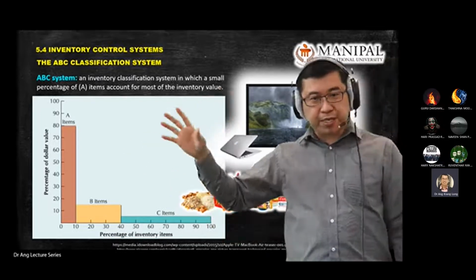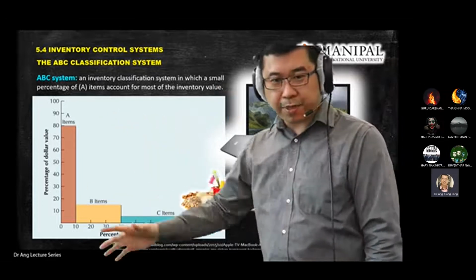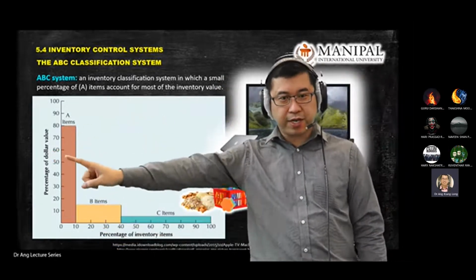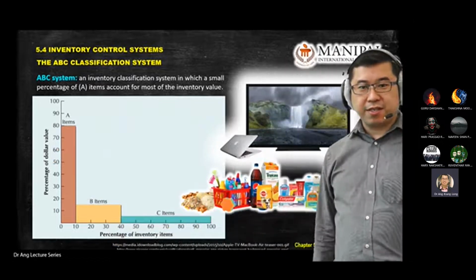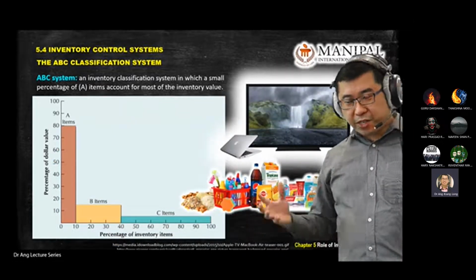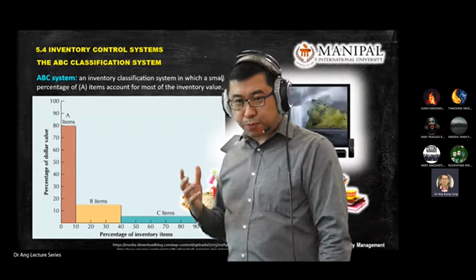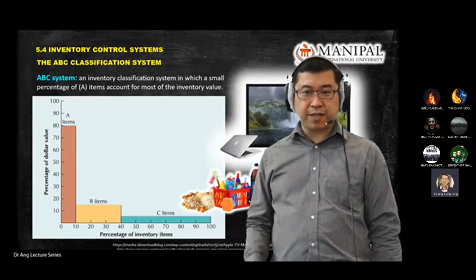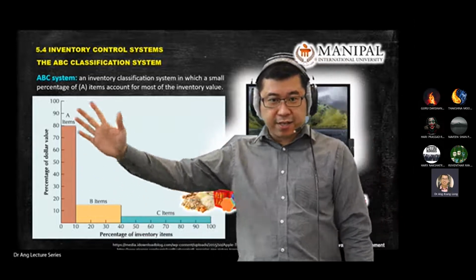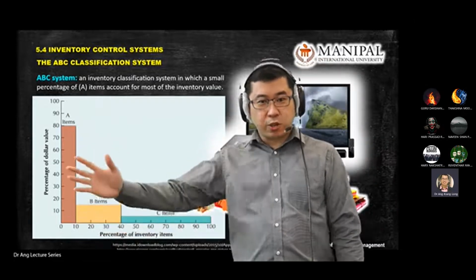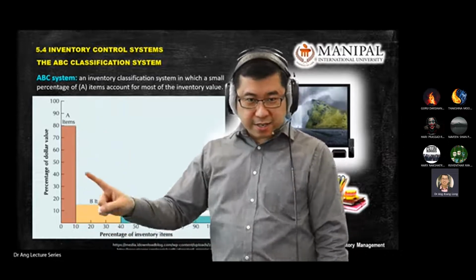A is expensive equipment; expensive workers also fall under class A. Those specialists in your factory, specialists meaning experts in that area, they fall under A, and they have a very high salary, class A.